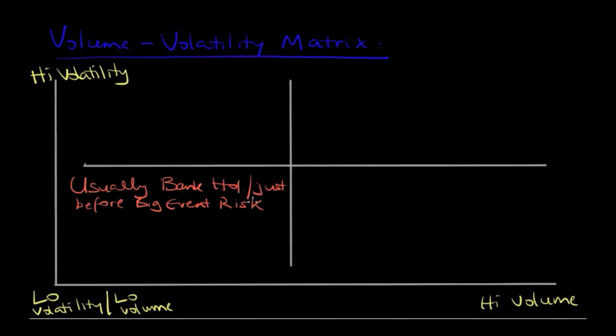For example, the day before non-farm payrolls, the day before a massive ECB event, the market's kind of squaring off. If it's found its value and doesn't have any more pricing to do, it usually just doesn't do much. Very little volume, very little volatility.